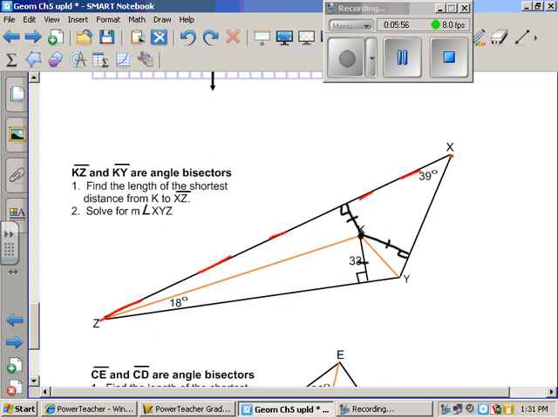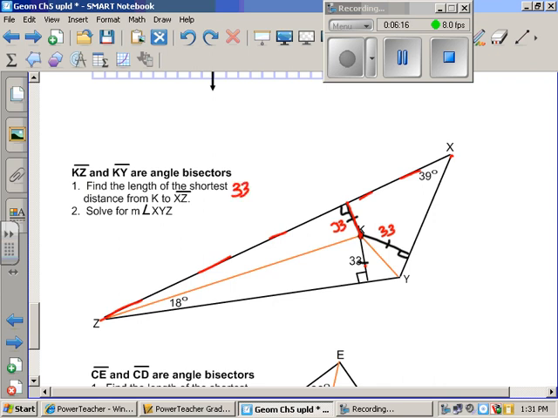So the shortest distance is going to be from this incenter perpendicular to that line. Well, that just so happens to be the one that's equal. So if this is 33, then this one's 33, and this one's 33. So the answer to the first one is 33.